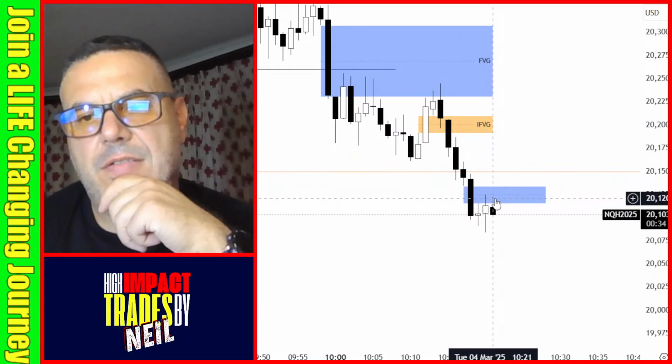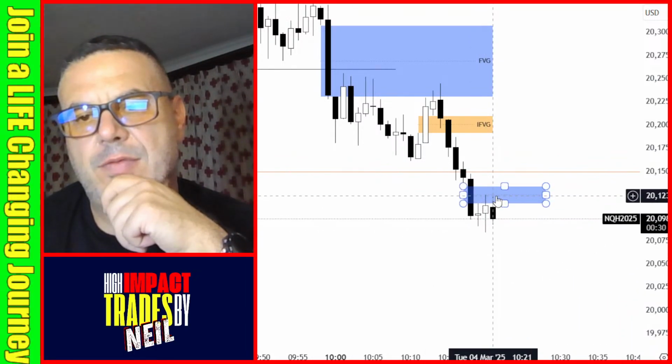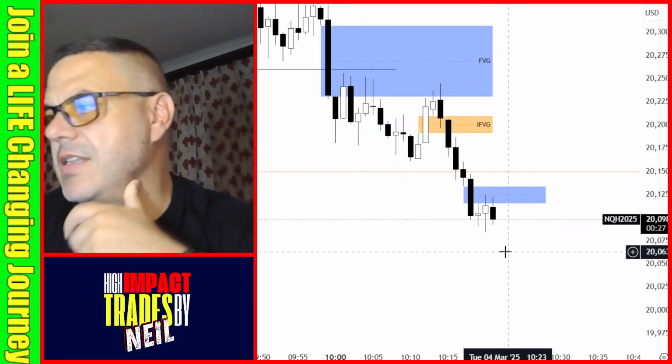Test closer to that 50%, not taking that high out, tells me this is a swing high forming to target the next low.